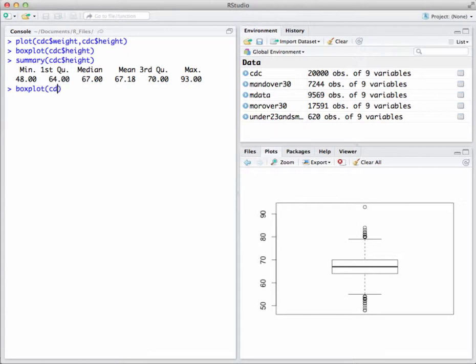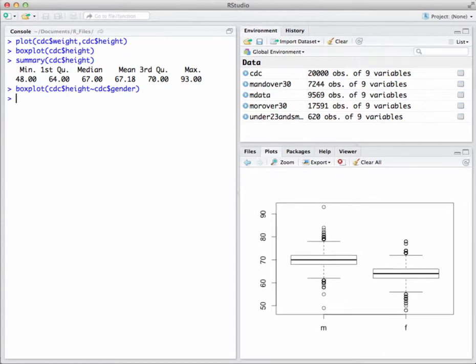We're going to say cdc$height, H-E-I-G-H-T, and now you need the tilde. That's our model formula builder. The tilde is up above your tab. You see it's the second function for your tick mark. Okay, so that character is the thing that says this is being predicted by this, the height is being predicted by whatever your gender is going to be.